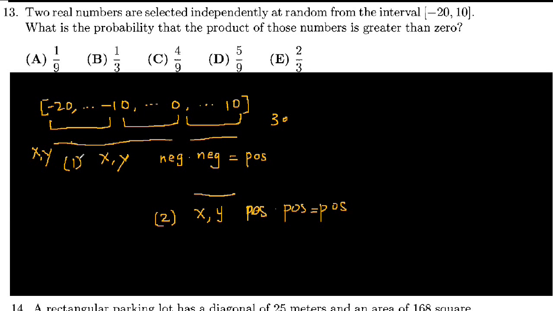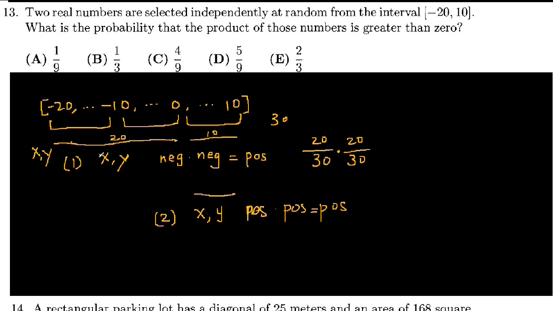So first case, this is 20 distance, this is 10, right? So for x to be in this range out of 30 distance, the probability is 20 over 30, and y has to be there as well. So this is another condition that has to be met, right?